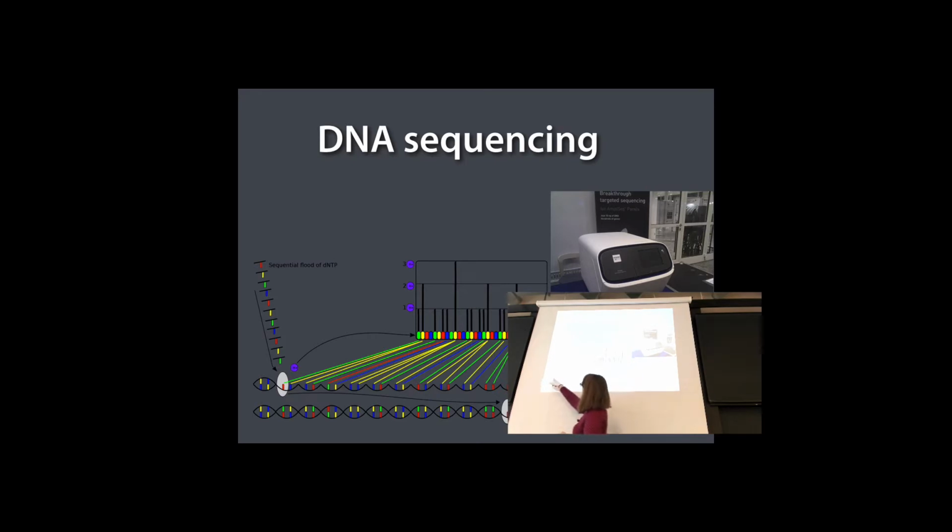So red pairs with green, and green generates the release of 1 proton, which can be detected in this detector. Whereas yellow, which is complementary to blue, generates the production of 2 protons, and so this is detected differently. And this can be done extremely fast in an automated way. This means that we can sequence single-stranded DNAs very quickly. This is called ion torrent.